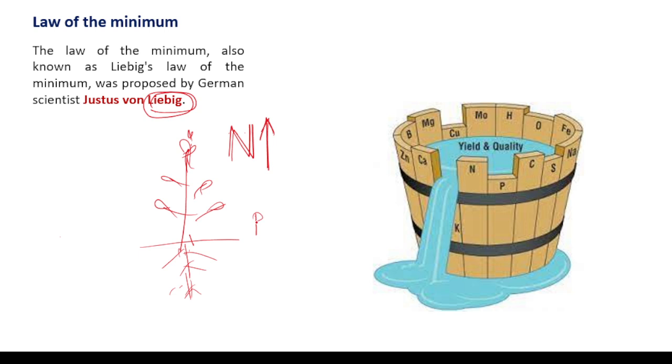If the phosphorus quantity is very low, the plant growth will depend upon the amount of phosphorus. Clear? Here we call it the barrel concept. In a barrel, the nitrogen is high, but the level of water is dependent upon the potassium. The same way, the growth is also dependent upon the potassium. Clear?